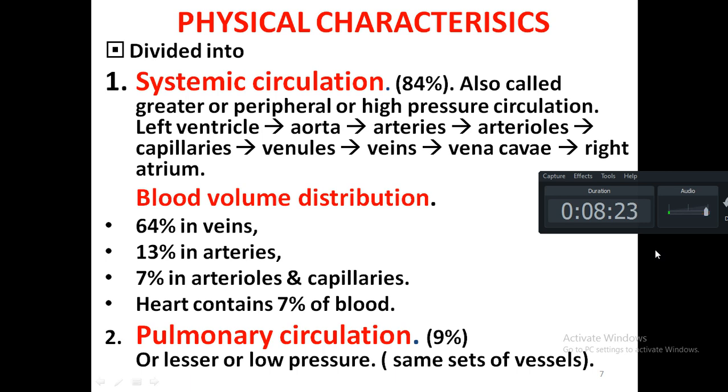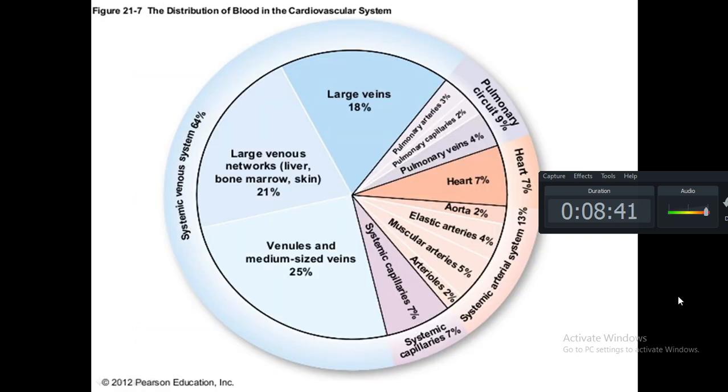The second circulation is called the pulmonary circulation, which contributes about 9% of the total volume of blood. It is also called the lesser circulation or low pressure circulation. Now this diagram shows the relative distribution of blood in different portions of the circulatory system.